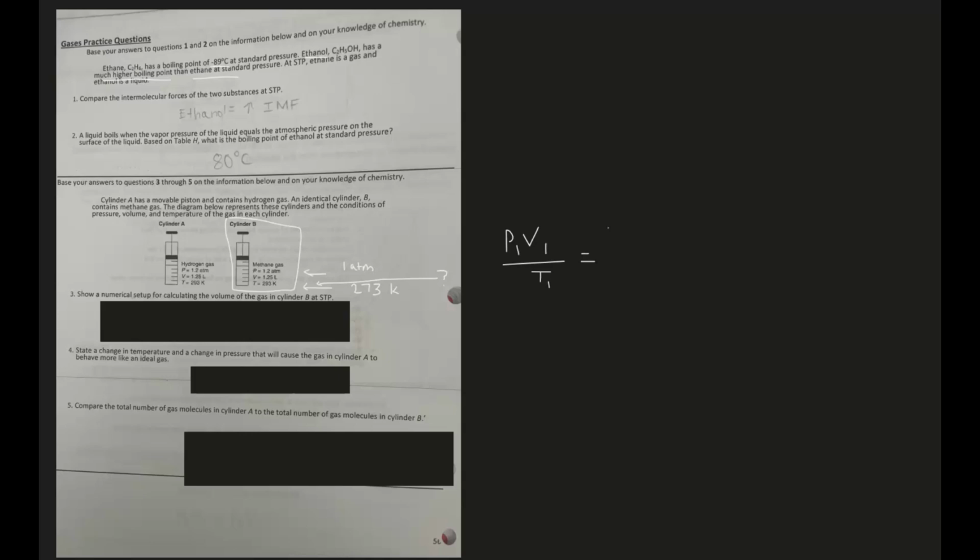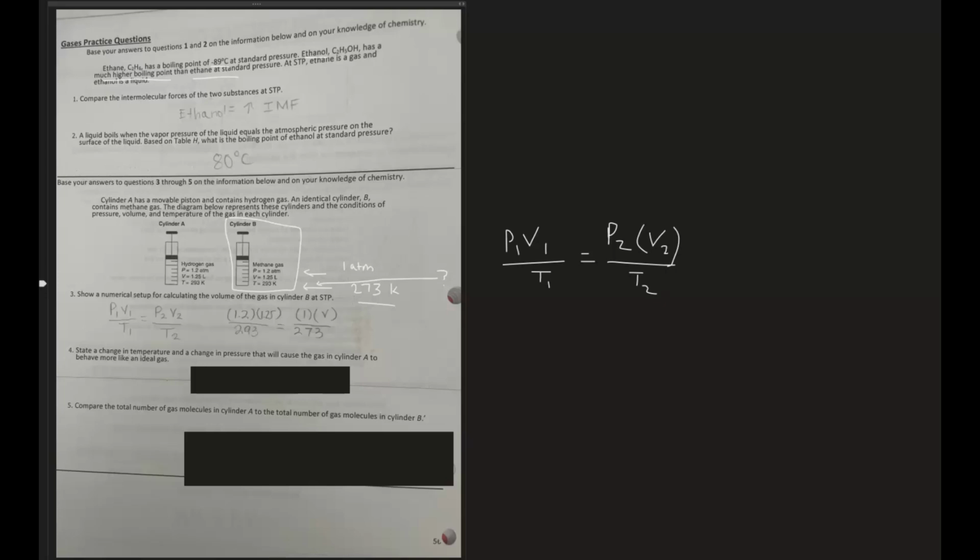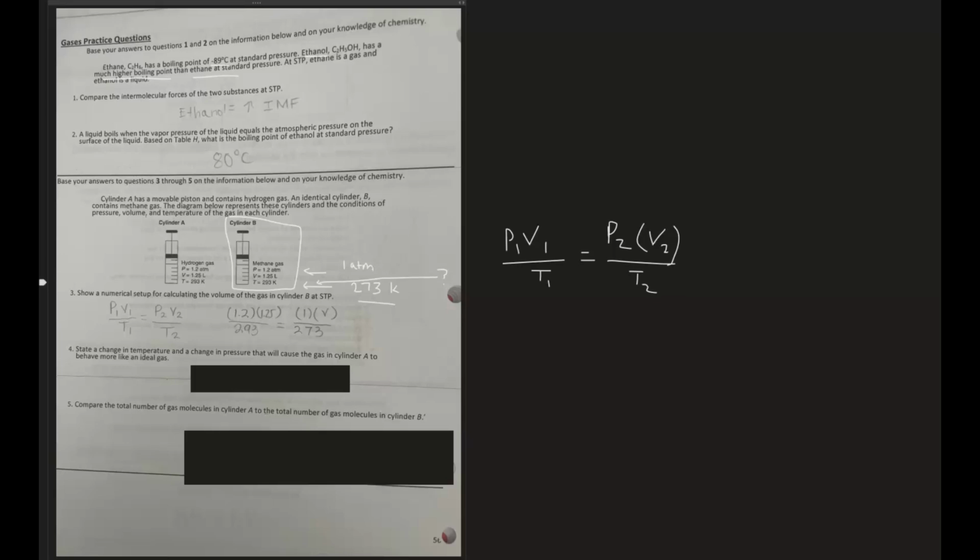And then we're just going to set this equal to the pressure of 2, in our case 1 atmosphere, over the temperature of 2. We know it would be 273 Kelvin for STP conditions. And then we're just going to solve for the final volume here. And so if you plug in the numbers, you should get that. So we only need a numerical setup. We don't actually have to solve for V.